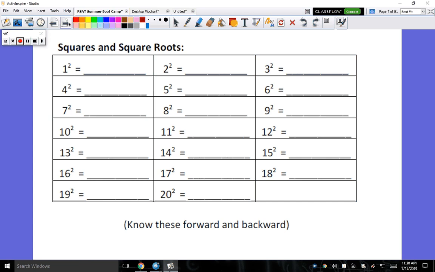They want you to know, aka memorize, these. Now here's what I'll say. I think the only one you really have to memorize, if you want to use the FOIL trick, is 12 squared.